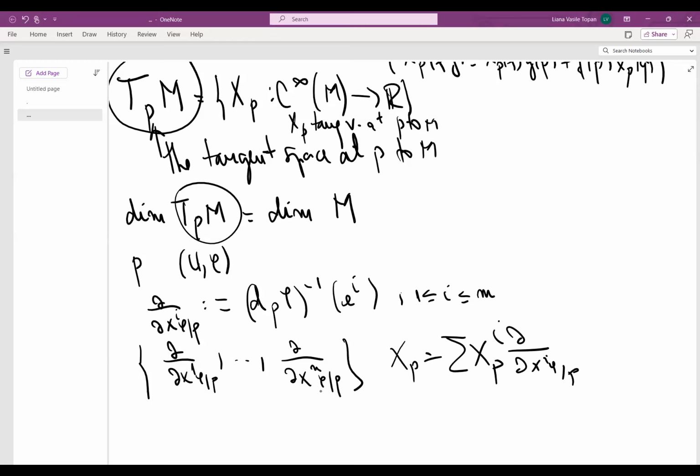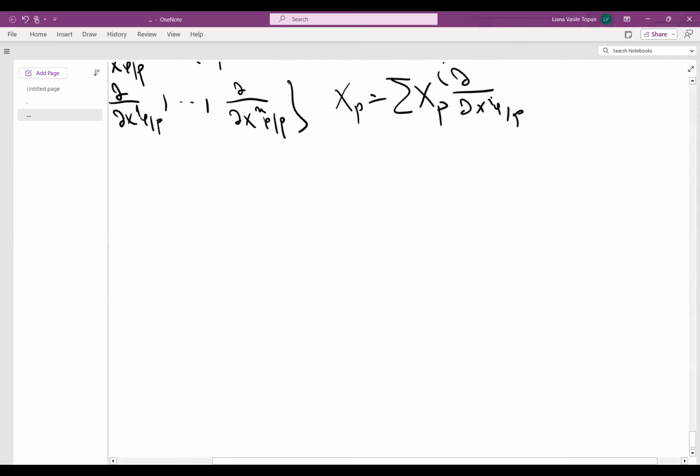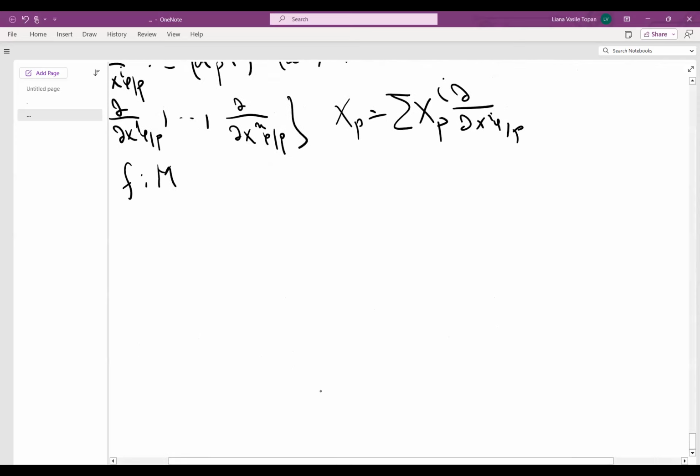Sum over i. Okay. We also saw yesterday that when you have a function defined from a manifold into another manifold, this function will induce a pullback.